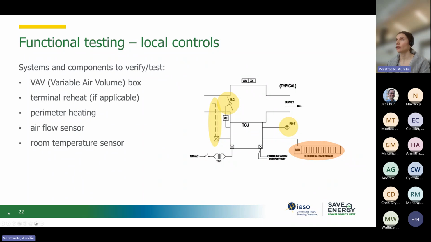So here for local controls, you will verify and test variable air volume boxes, terminal reheat if applicable, perimeter heating, here we see an electrical baseboard for example, maybe the airflow sensor and room temperature sensor.